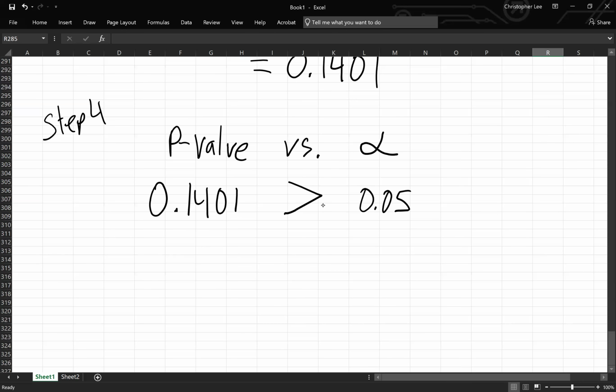All right. So if my p-value is greater than alpha, what do I do? What am I doing to my null hypothesis? Am I rejecting it or am I failing to reject? This one, the p is high.